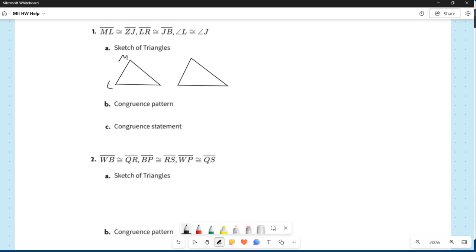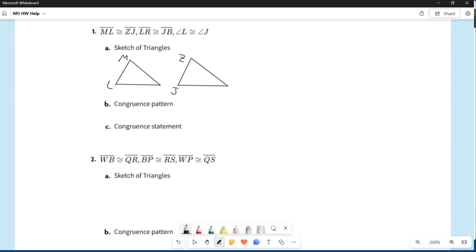And because I did that on the triangle on the right, I want Z to correspond to M, right? Because they're both in the same spot, essentially. And then I want J in my second triangle to correspond to L. Because again, those letters are in the same spot.